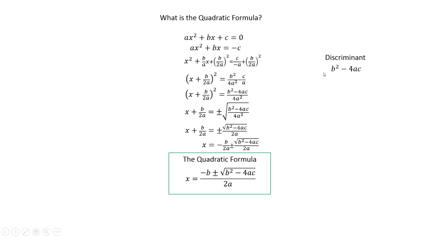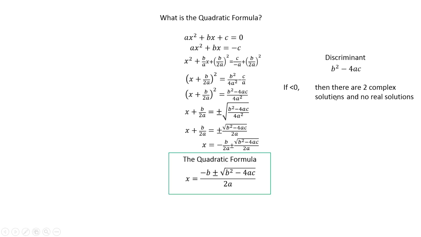We could just find this piece and look to see if it's positive, negative, or 0. If it's negative, that means that there are two complex solutions and no real solutions. Because if it's negative, we're going to have the square root of a negative number, which is going to give us that i. It's going to give us that complex number. And so there's no real solutions.